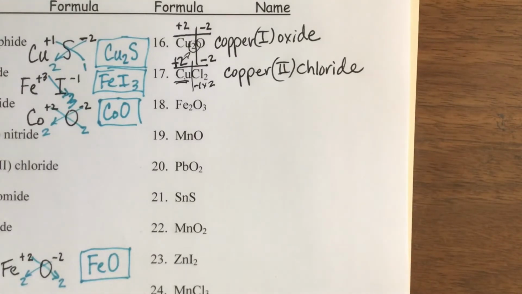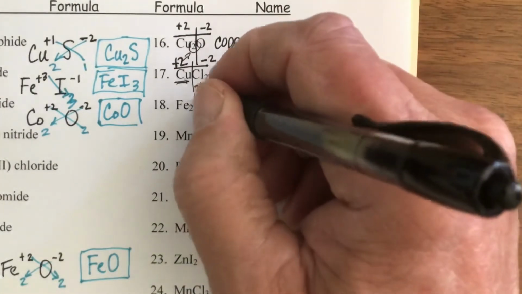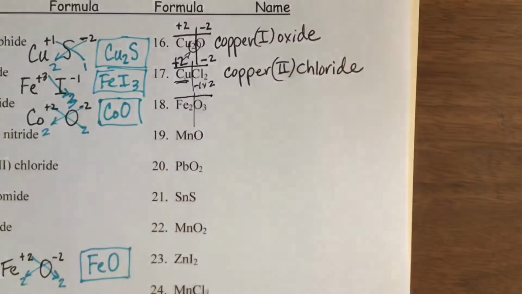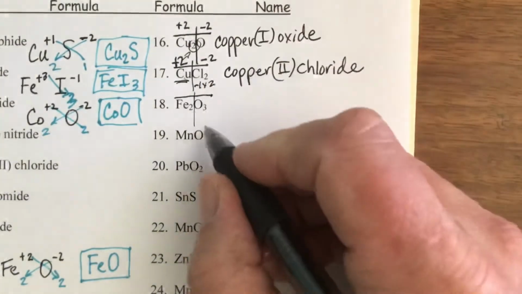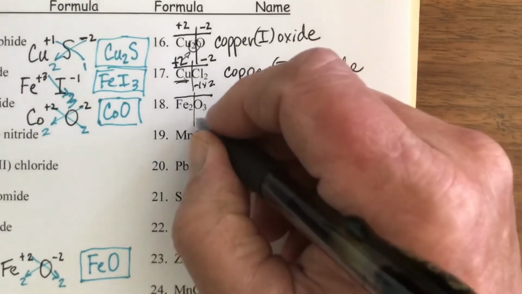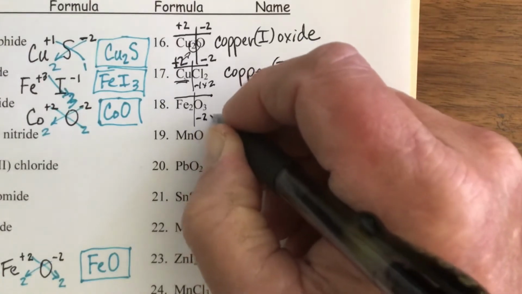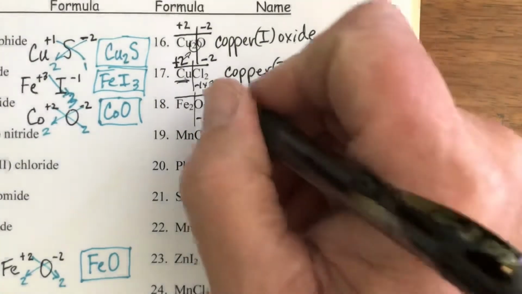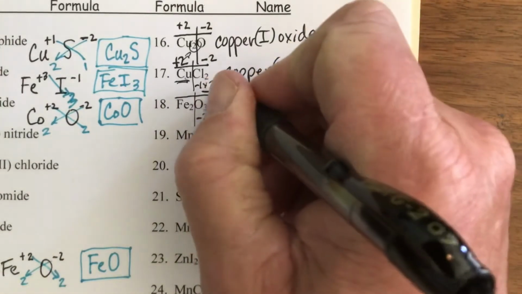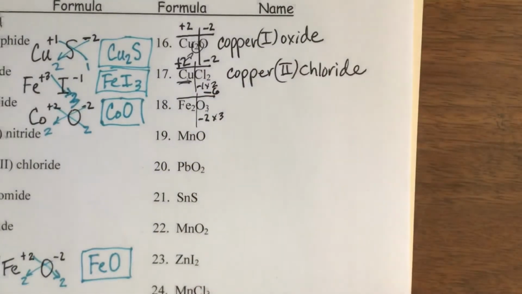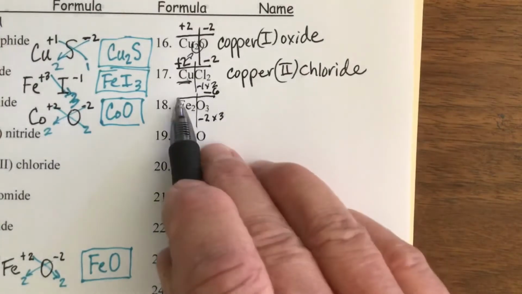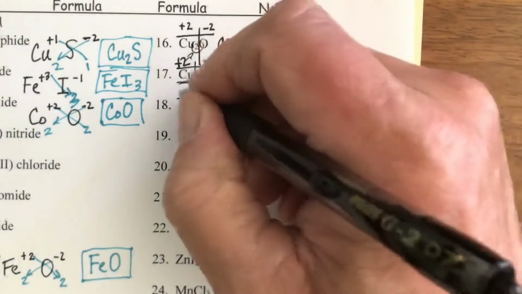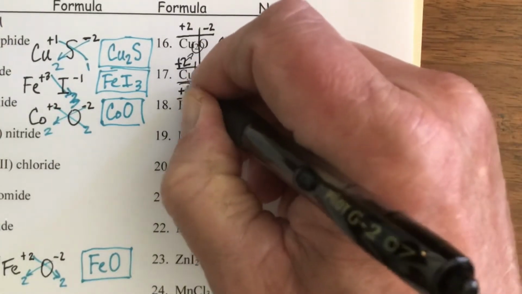I'm going to do a couple more here because these are pretty hard. This one here requires a lot of math, but that's okay. I'm going to help you with it. So oxygen, we know oxygen is a -2. And there are 3 of them because we see the 3 there. So this gives us a total negative charge of -6. Okay? So the positive charge over here must counteract that, so this has to be a +6.